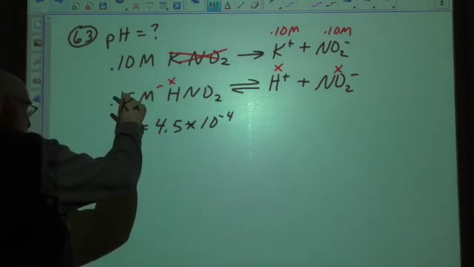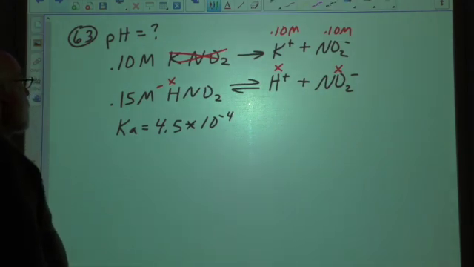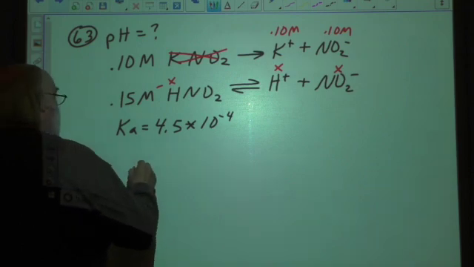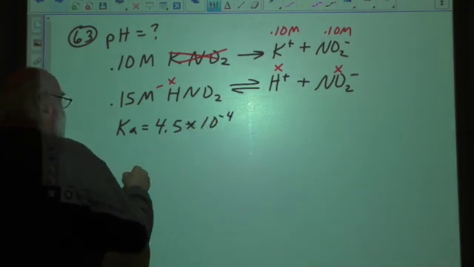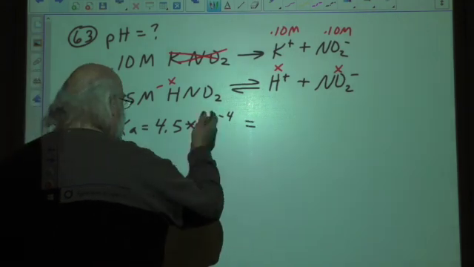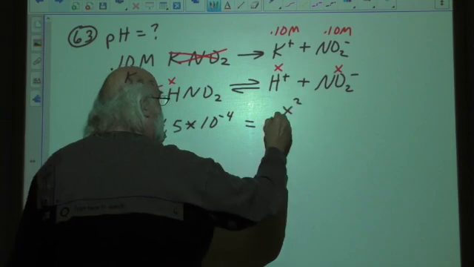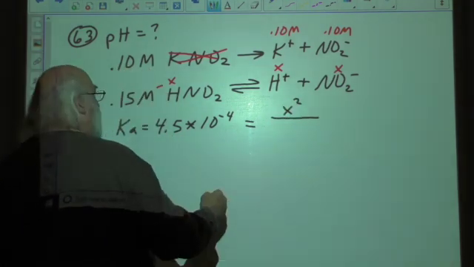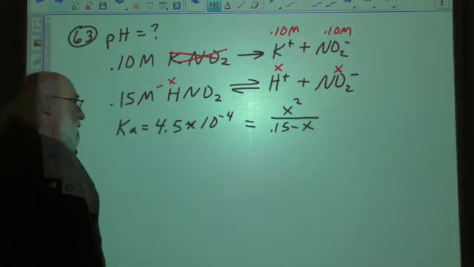So, this is the one we're going to focus on. This is going to be X times X. We'll just put this X, equal to 4.5 times 10 to the negative 4. X times X in the numerator and 0.15 molar minus X for the denominator.